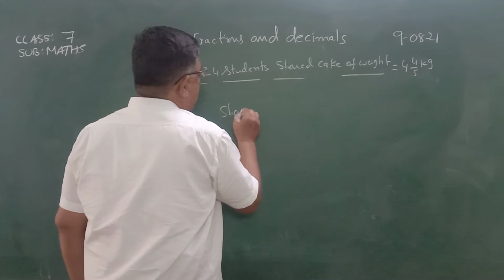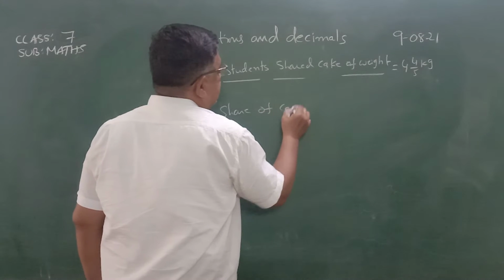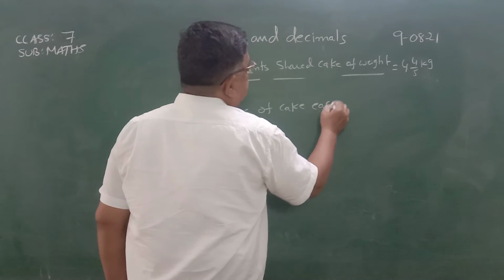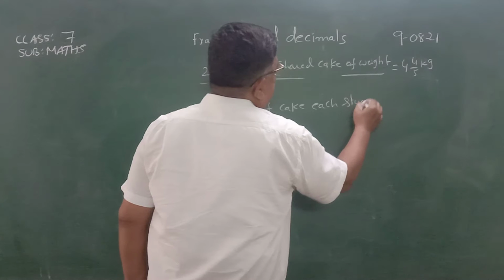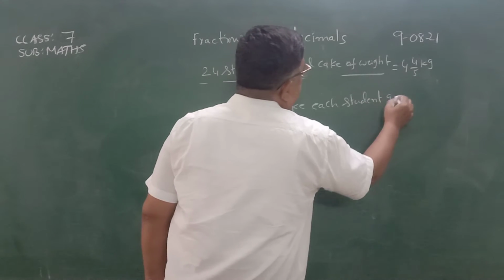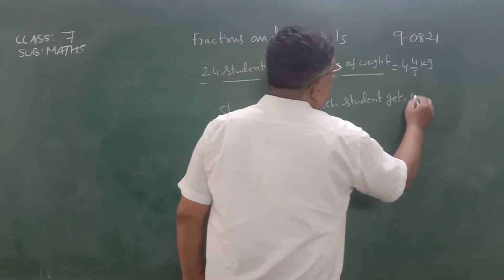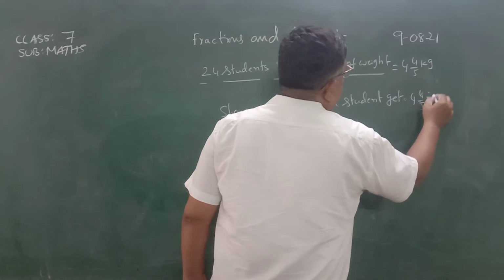The share of cake each student gets is equal to the total weight, 4.5, divided by 24.